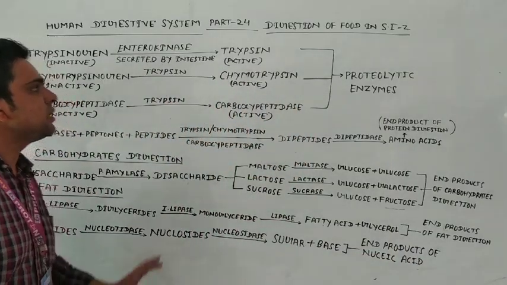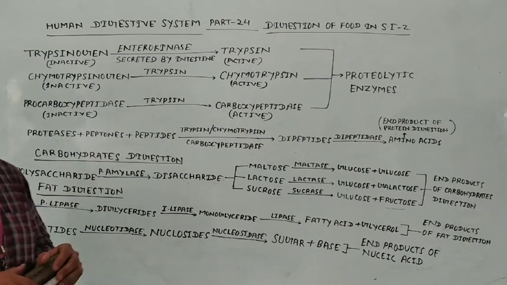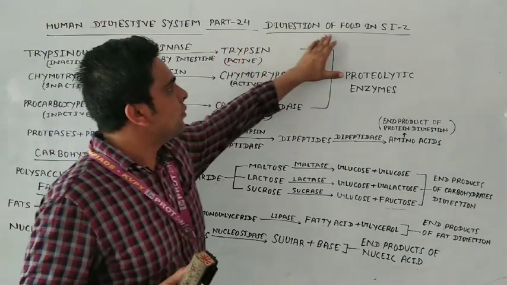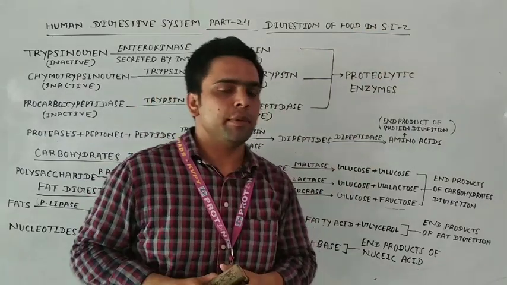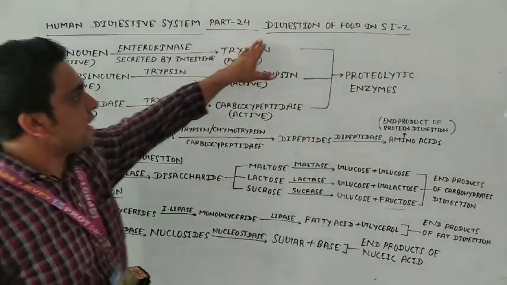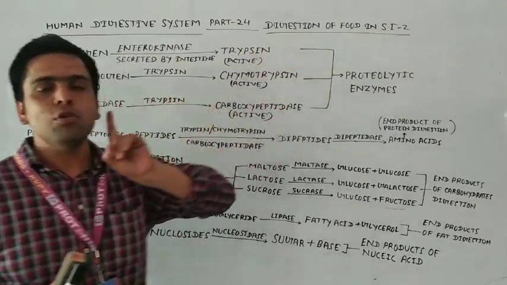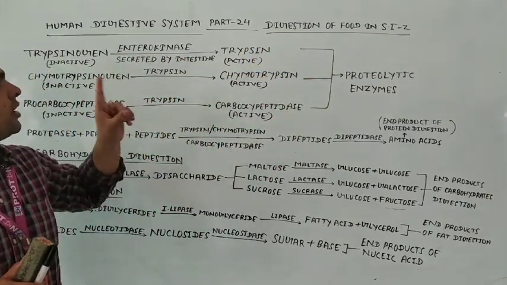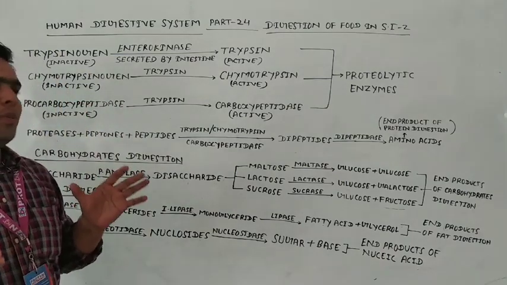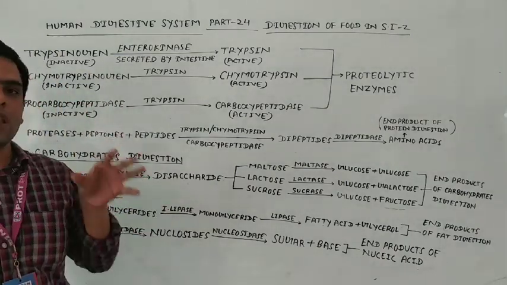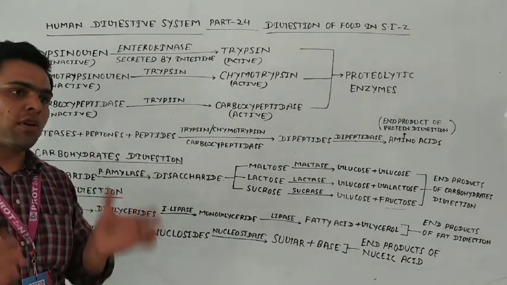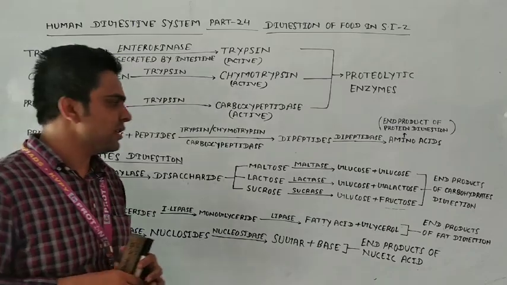So students, this is all about the digestion of food in our small intestine. Part 1 of digestion of food in the small intestine we prepared in our last video, and this is part 2. This is part 24 of our human digestive system, and here we have completed the digestion process. We have studied the complete digestion process and which organs are involved.